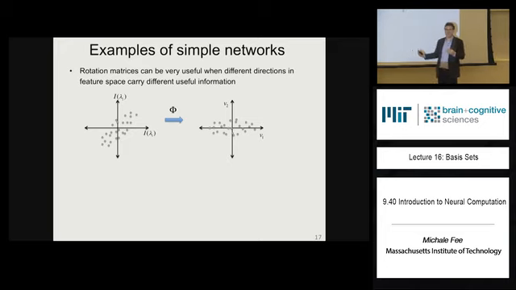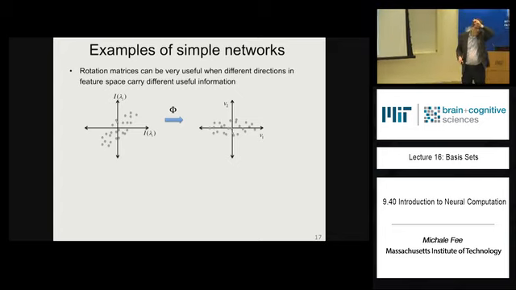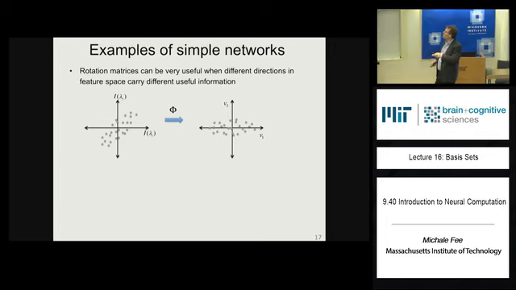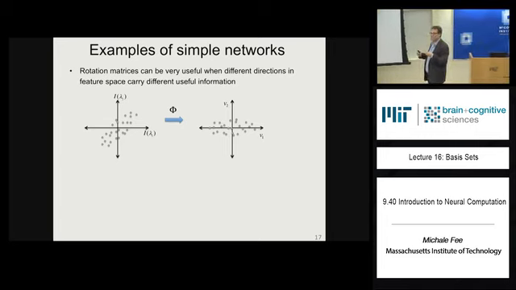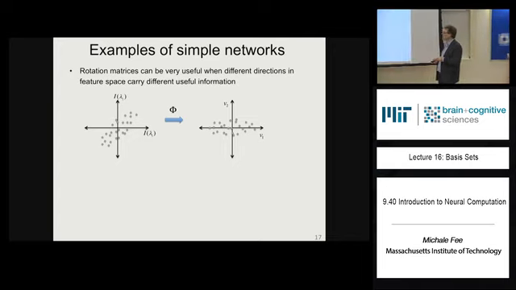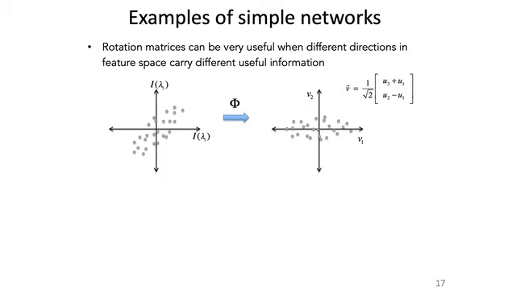Does that make sense? So doing a rotation gives us signals in single neurons that carry useful information. It can disambiguate different kinds of information. Okay? All right, so we can use that simple rotation matrix to perform that kind of separation.